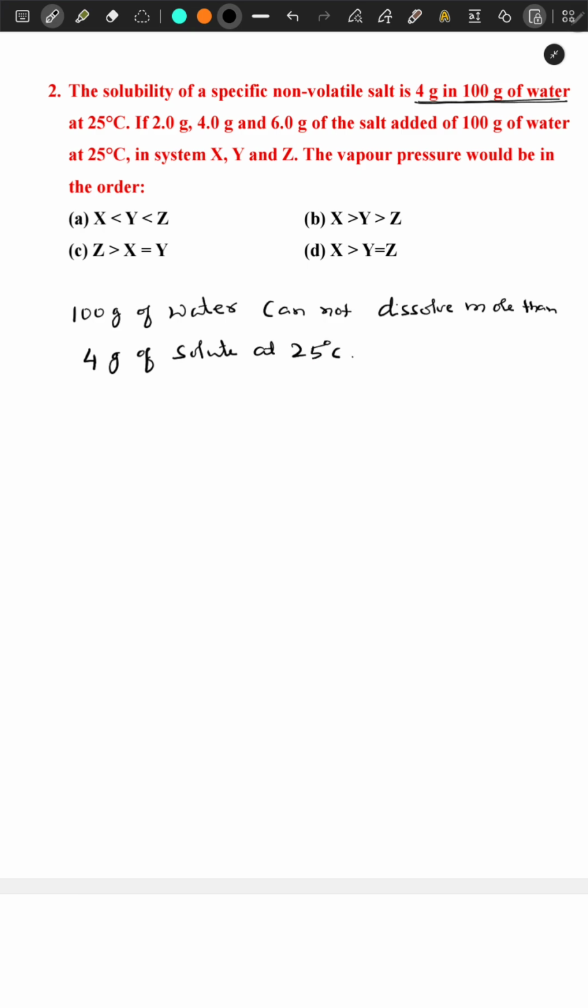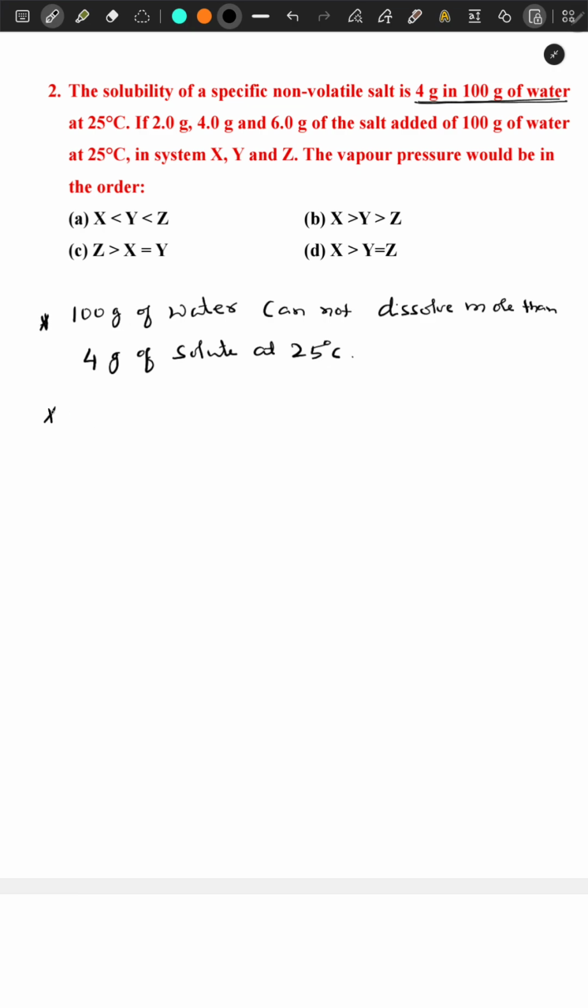So that is the meaning. Solubility of 4 gram in 100 gram of water means 100 gram of water can maximally dissolve only 4 gram. Beyond that it cannot dissolve. That is one key point you have to remember from that question.